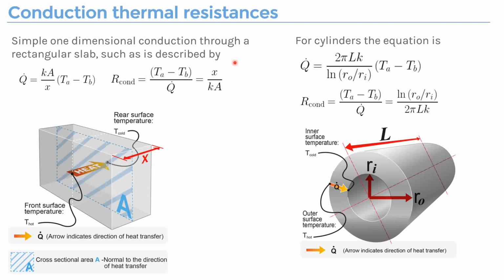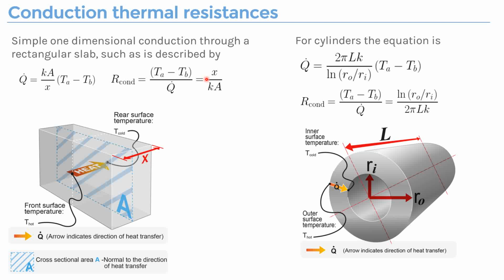Some other things to review in this tutorial on heat transfer are conduction, convection, and radiation. The equations listed to you are already for conduction, but basically what we need to review is Q dot equals delta T over R. So what is R?